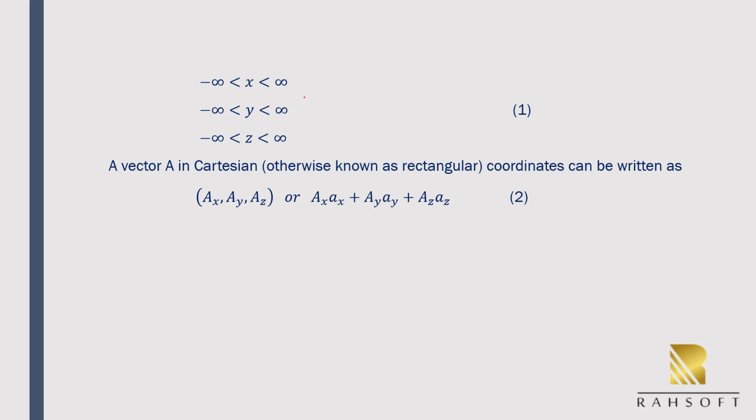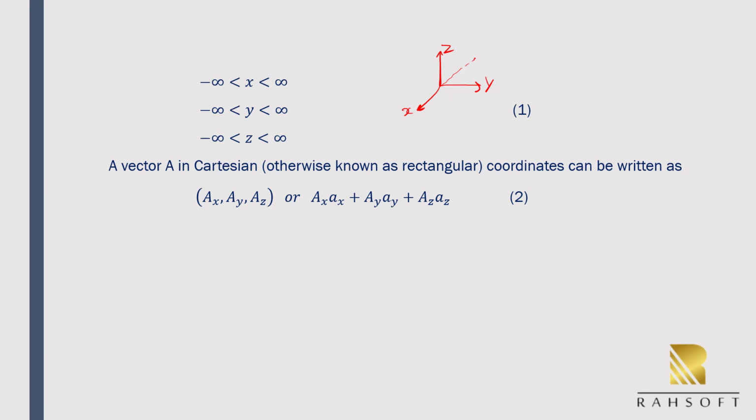So here is the limit: x from minus infinity to infinity, y from minus infinity to plus infinity, z from minus infinity to plus infinity. As I have drawn the axes, this is z, this is x, and this is y.